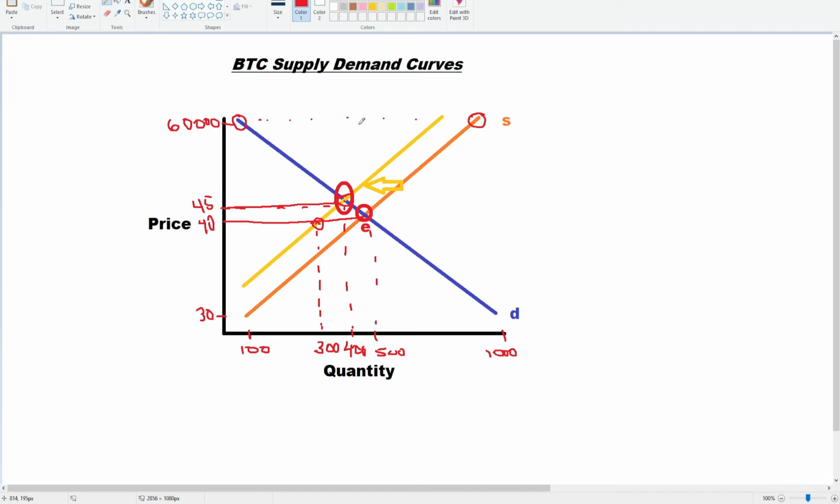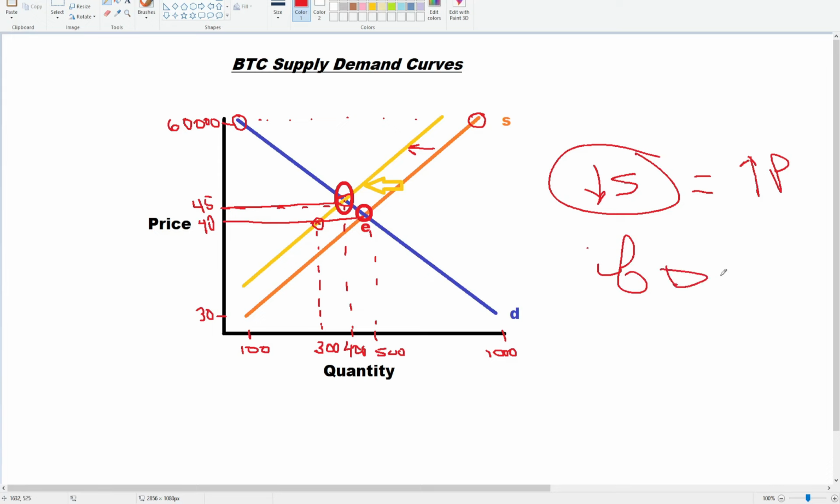And this is how markets work in general. If the supply is falling short of the demand, this supply curve shifts to the left and the price will move upwards, due to demand remaining constant and the supply decreasing. So decreasing supply equals increased price if demand remains the same.